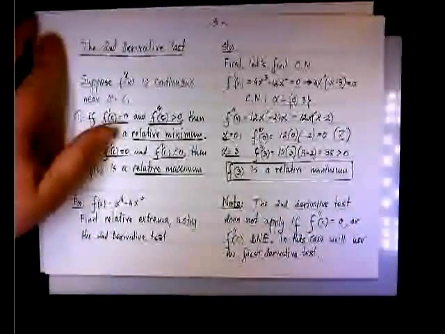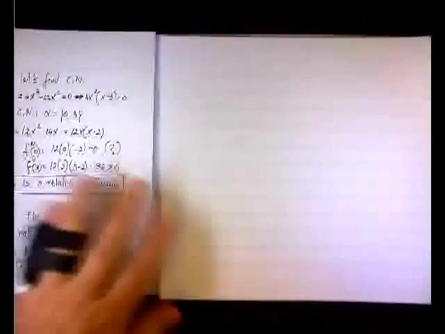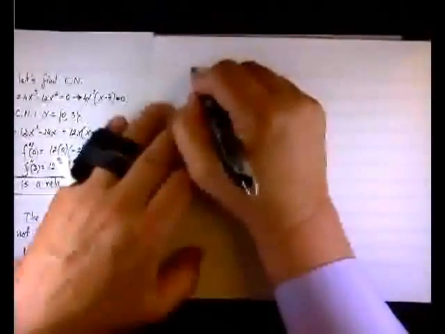All right, so let's apply the first derivative test. Remember, we need to check what happened to the left of 0 and what happened to the right of 0. So I want to pick a convenient test point.